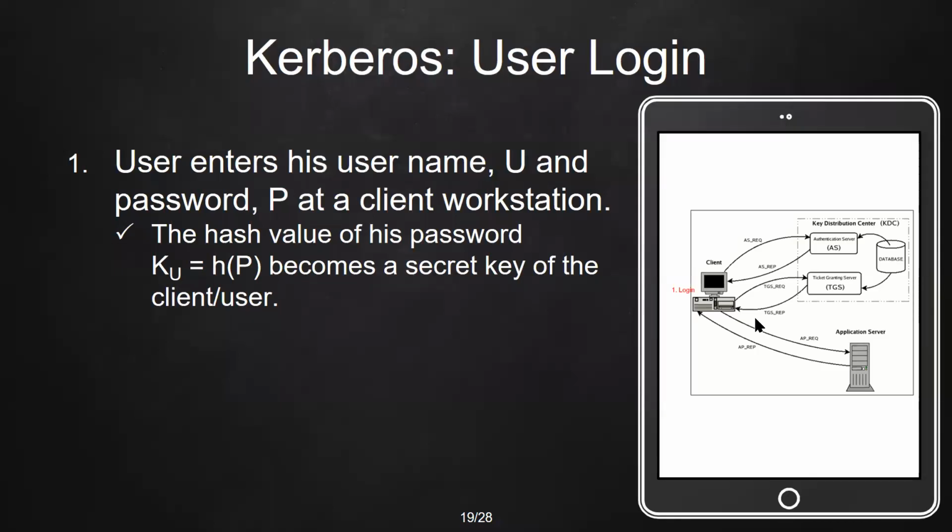So the password will go through a hash function. What is a hash function? It is a method that produces a fixed size of output based on a variable size of input, like your CRC. Why? Because now we are not passing the password in clear text.